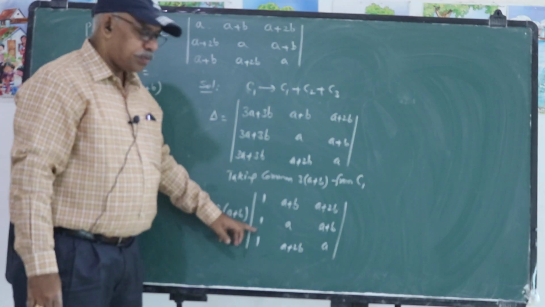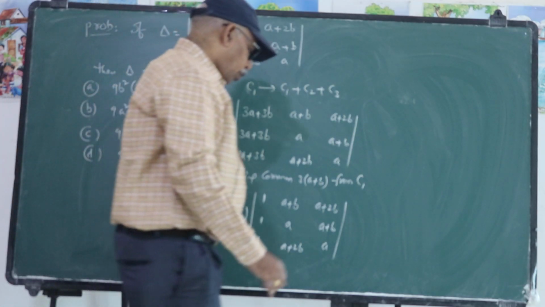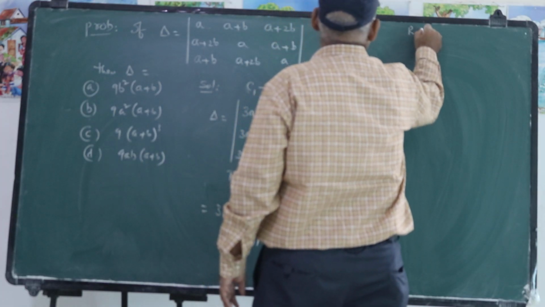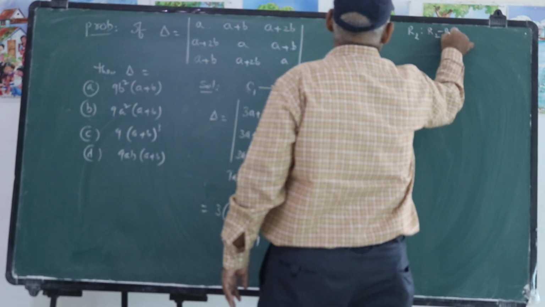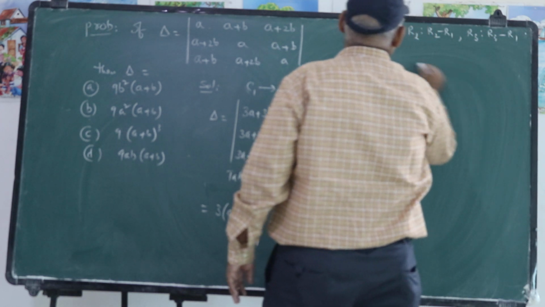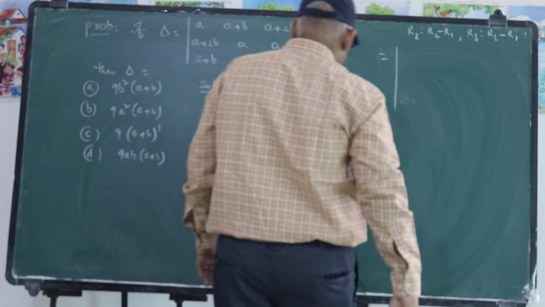Now make these two positions 0 by taking row transformations. Taking R2 as R2 minus R1 and R3 as R3 minus R1, keeping the first row fixed.